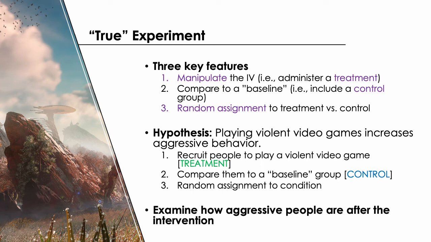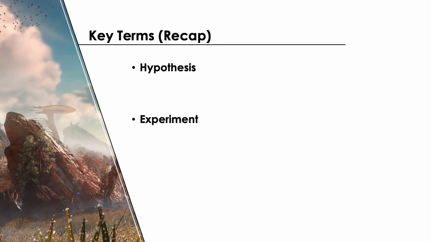And then after they've played the video game, I might then assess how aggressive they are after the intervention. As I mentioned in the introductory lectures, there's all kinds of ways that we as researchers have tried to assess aggression. Some of these ways are kind of compelling, some of these ways are pretty silly. We'll see lots and lots of examples this semester of how researchers have attempted to measure aggressive behavior in the context of a laboratory study like this.